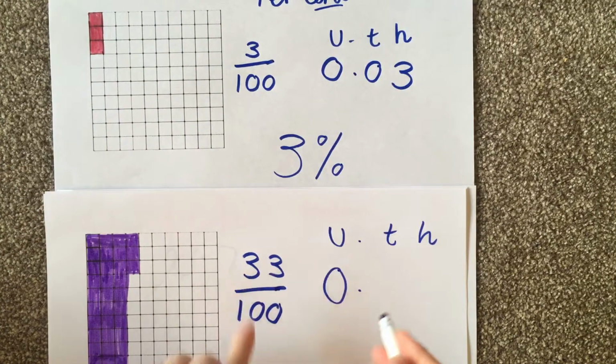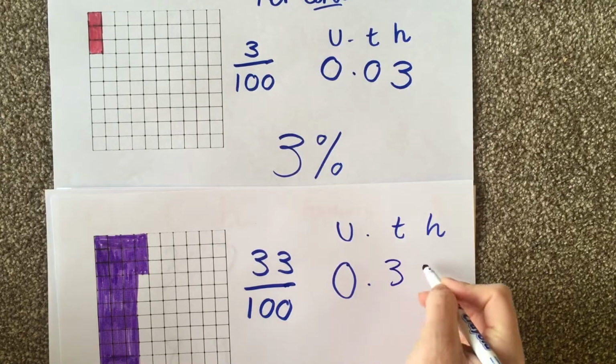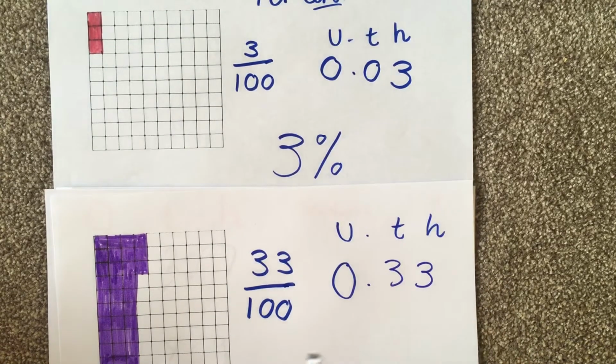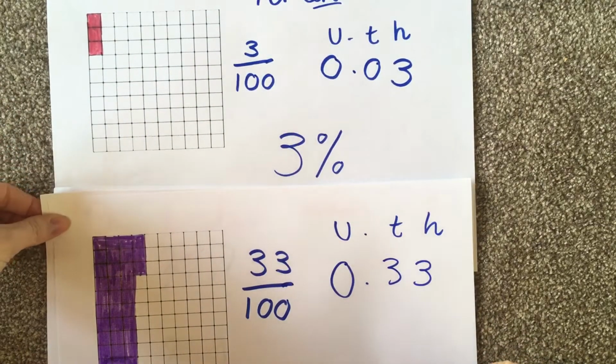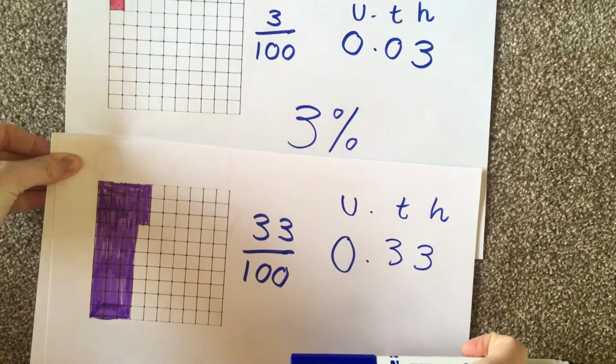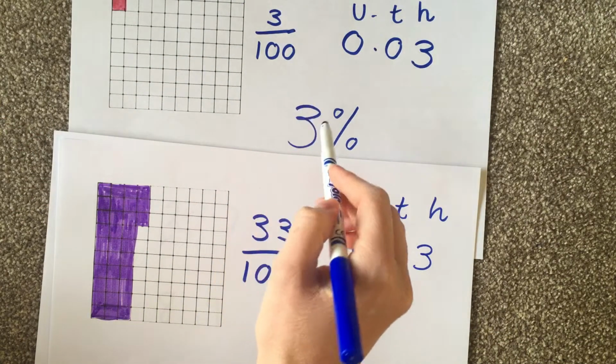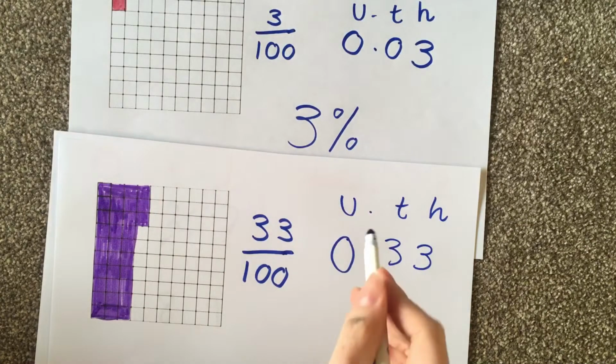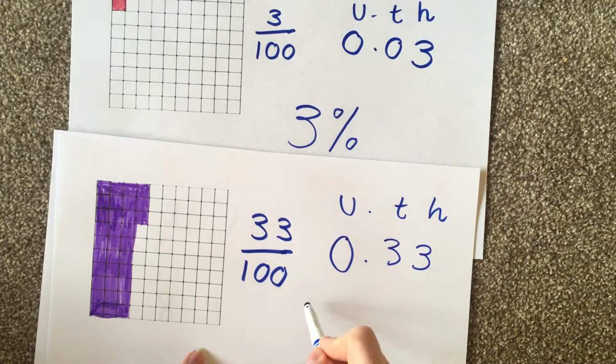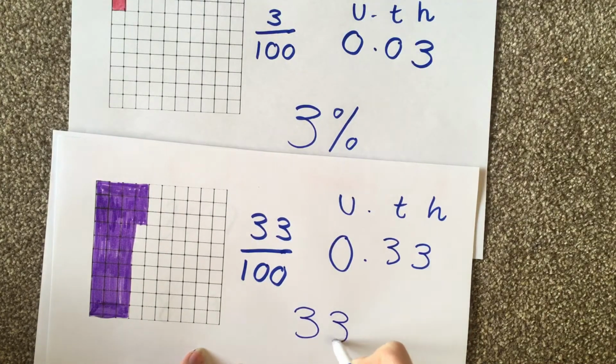I can either say it as 3/10ths and 3/100ths, or I can say it as 33/100ths. Either way, it would fit into my decimal like this. Now, the percentage here is slightly different, because instead of just having 3 out of 100 as 3%, I've got 33 out of 100, which would be 33%. So now you might be able to see some links coming.